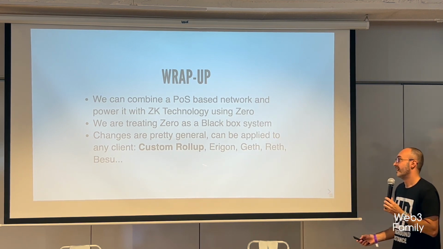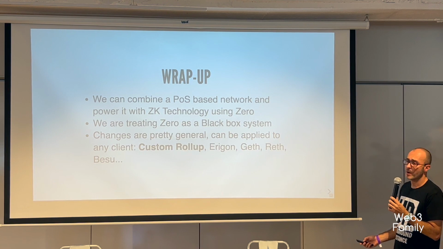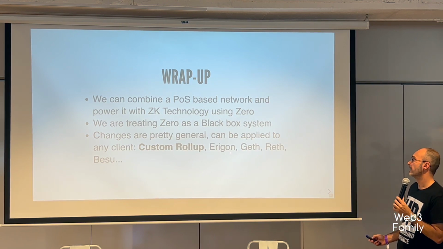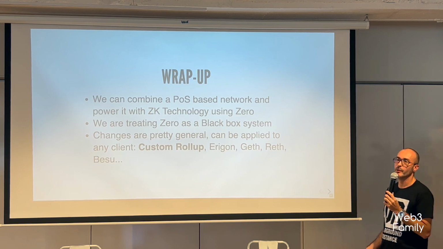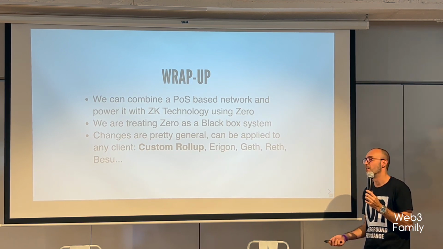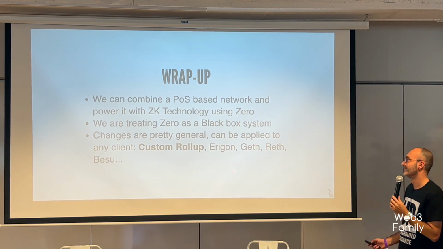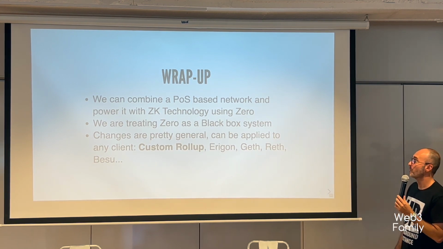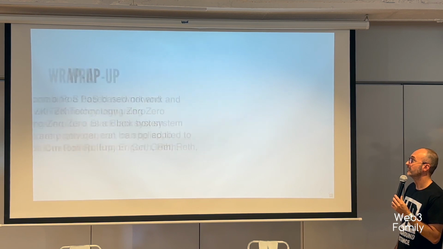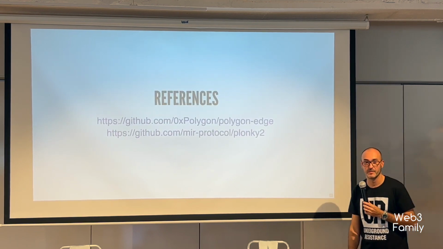And it can be your custom rollup, Optimism or Stack or whatever. So mainly, you should be able to convert a stack-based rollup into a ZK rollup, that will be great. That's it.